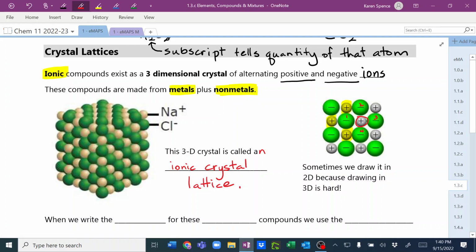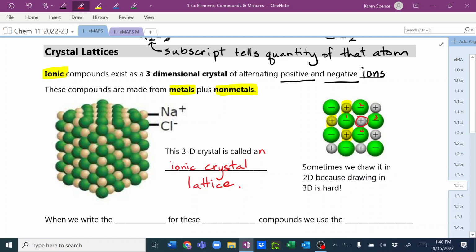And I have a 3D model of a crystal lattice. So you can see there's the green, which is going to represent possibly chloride ions, negative Cl minus. And then there's the silver ones, which are the Na pluses, and they alternate.